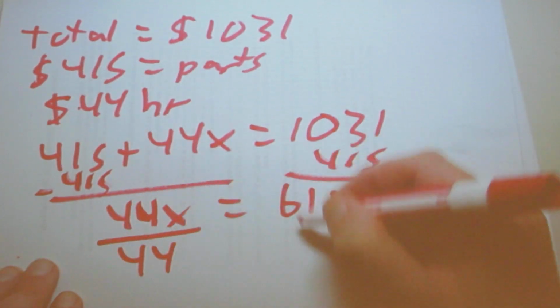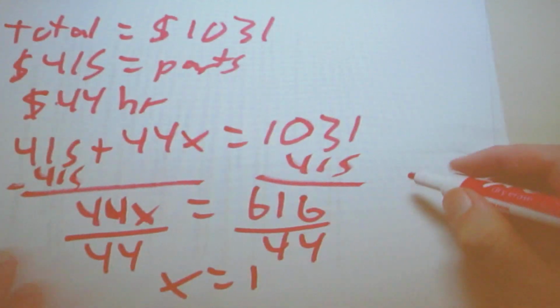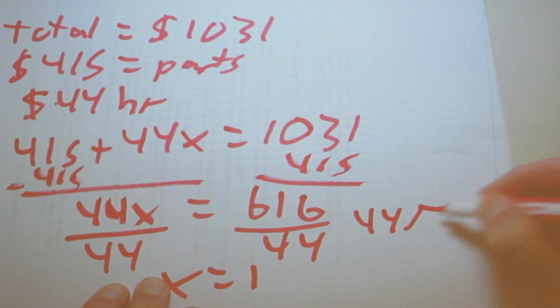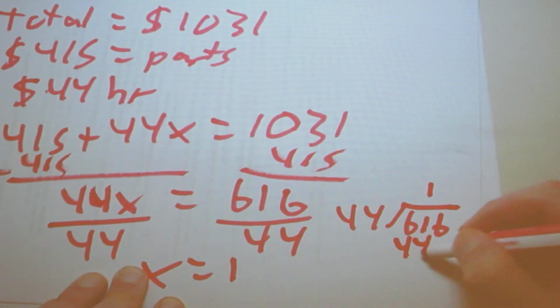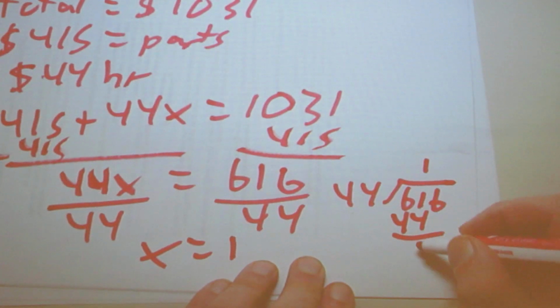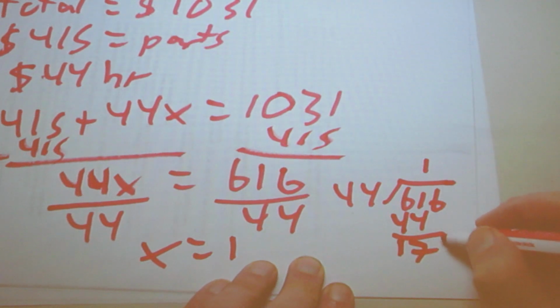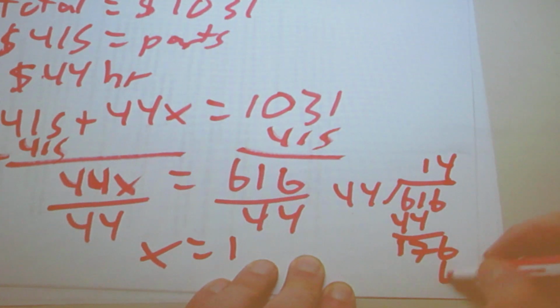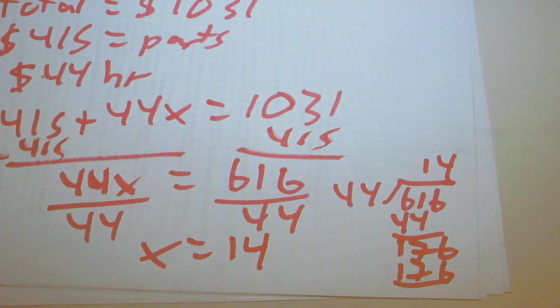Divide both sides by 44, and you're probably going to need to do this in long division. It'll go into 61 one time, 44 left over, and we're going to get 176. It will go into here 4 times, 176, so x equals 14.